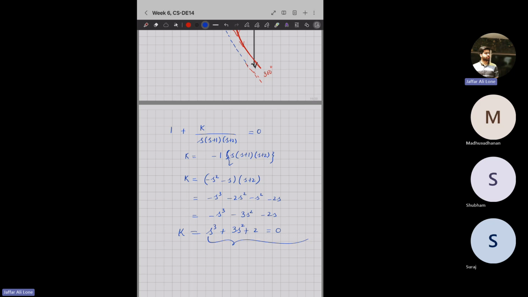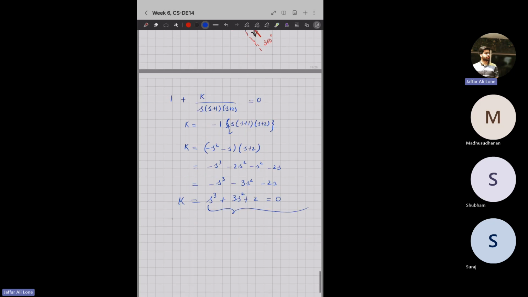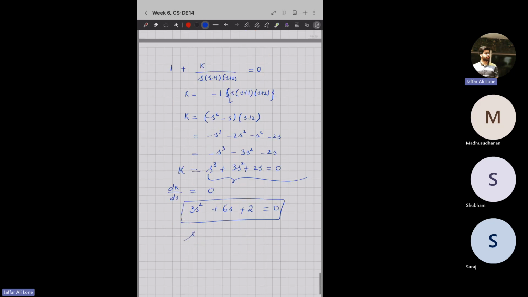Now, what we have to do after this, we have to differentiate this k with respect to s. So dk by ds and put that to 0. So what is my dk by ds? It will be 3s square plus 6s plus 2. So this is my dk by ds, and when you put it equal to 0 and solve it, you will get s equal to minus 1.57 and minus 0.423.